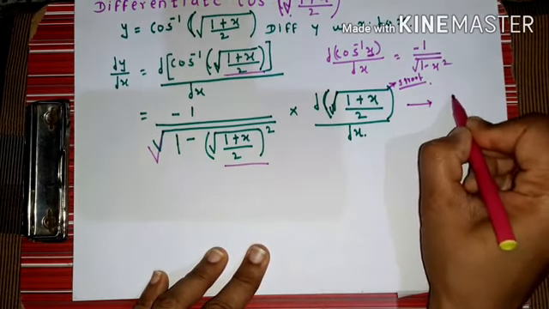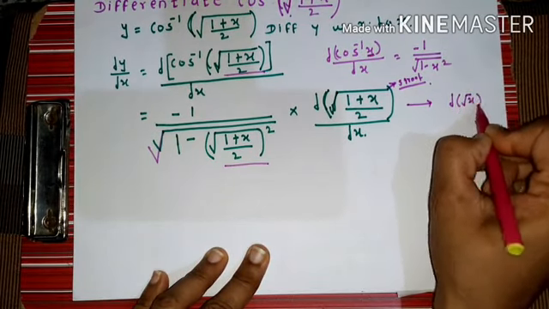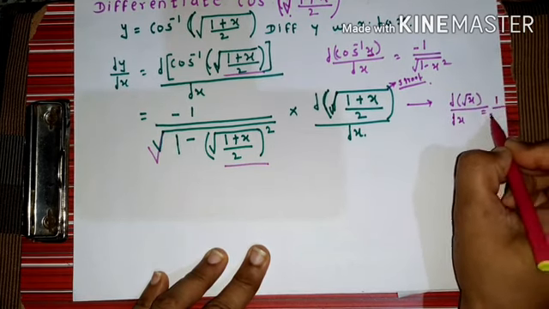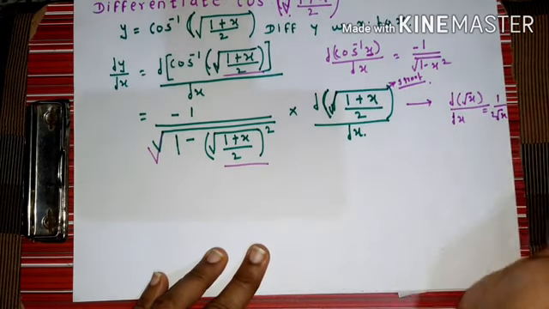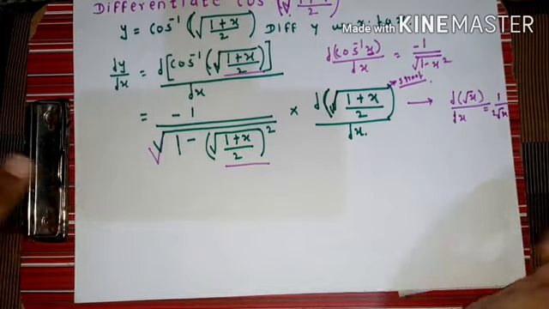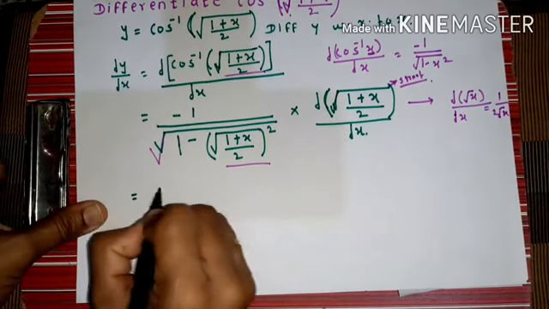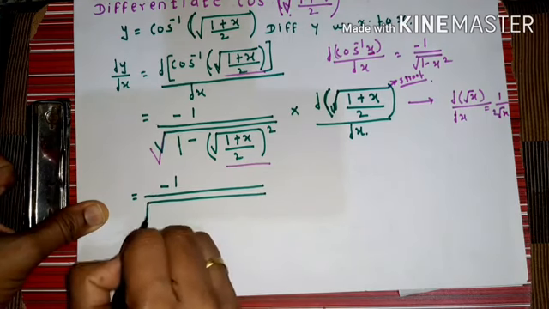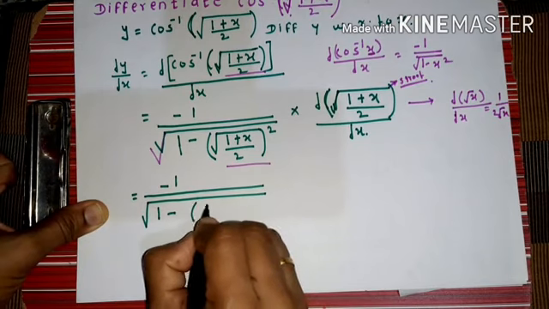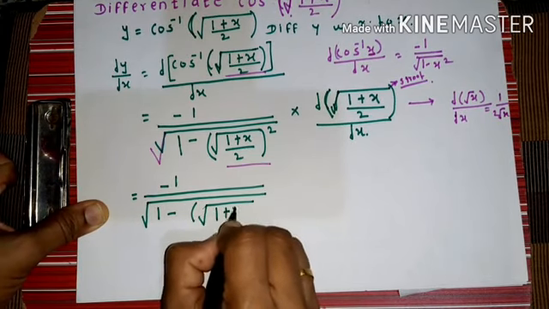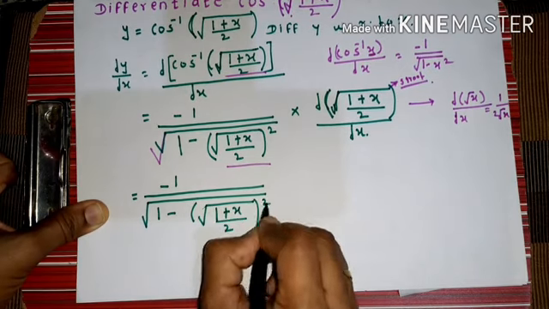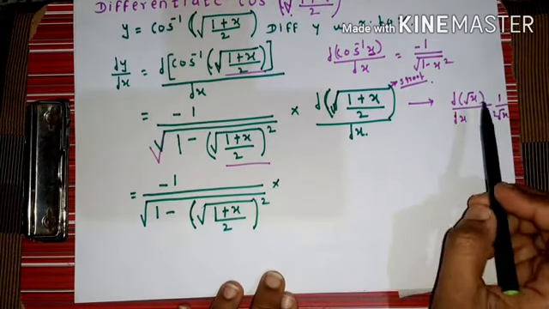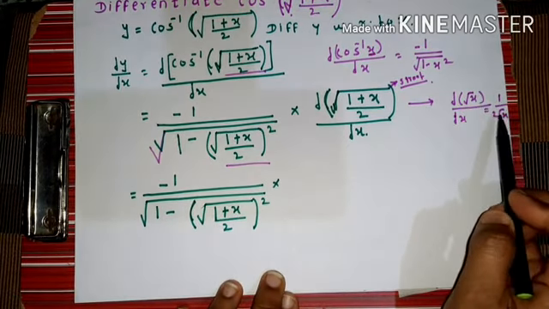You know that differentiation of square root of x is equal to 1 upon 2 root x. By using this formula we have to differentiate. Okay. And therefore this is equal to minus 1 upon square root of 1 minus 1 plus x upon 2 whole square, into, by using the square root formula, differentiation of square root of x is 1 upon 2 root x.